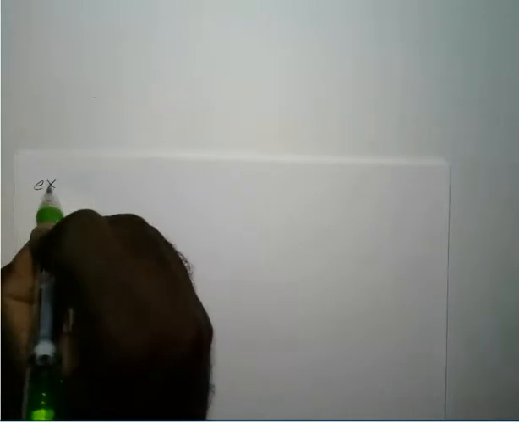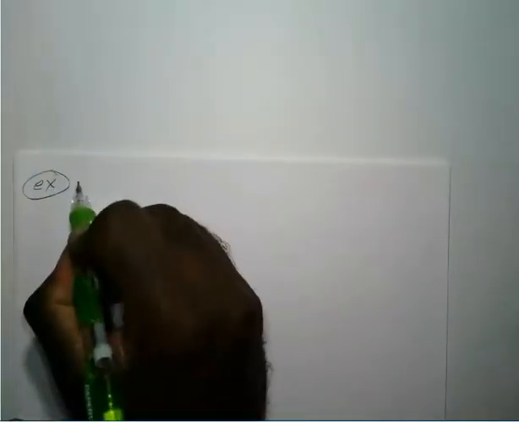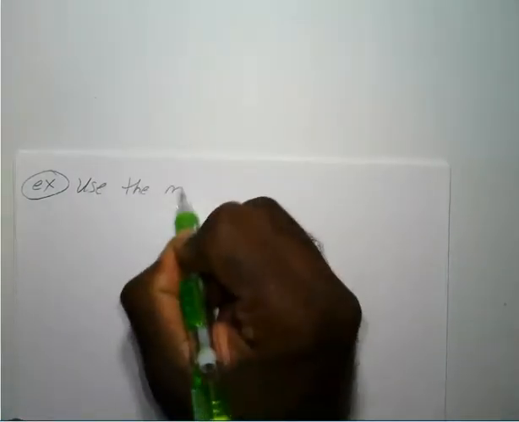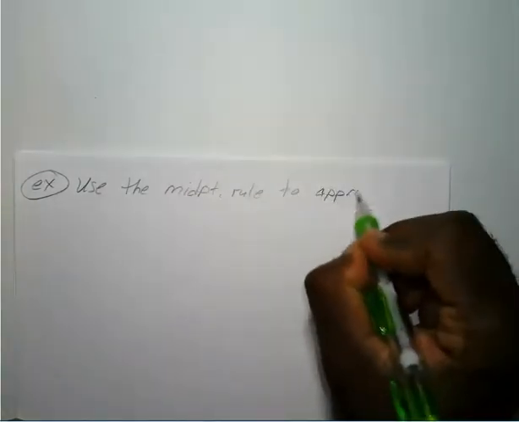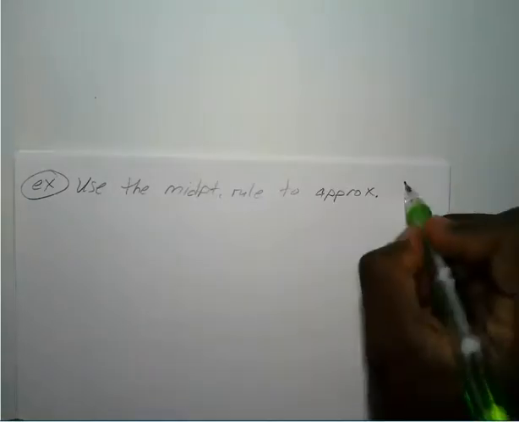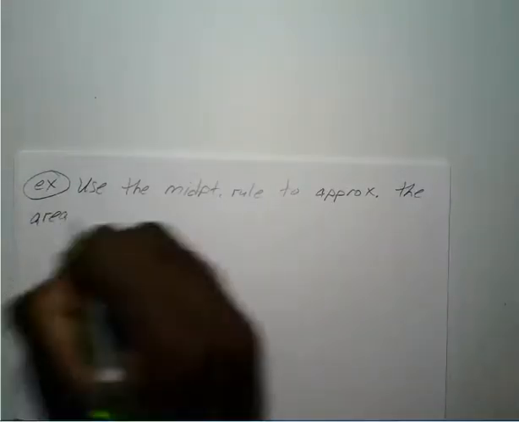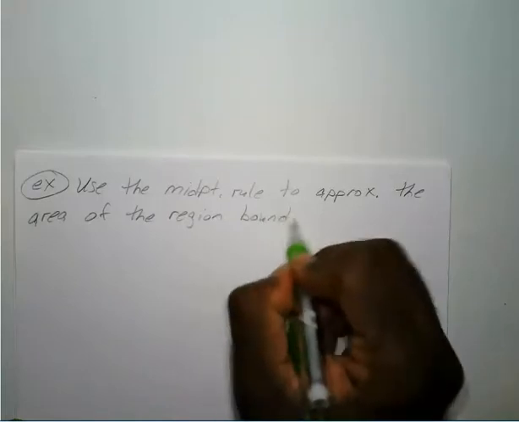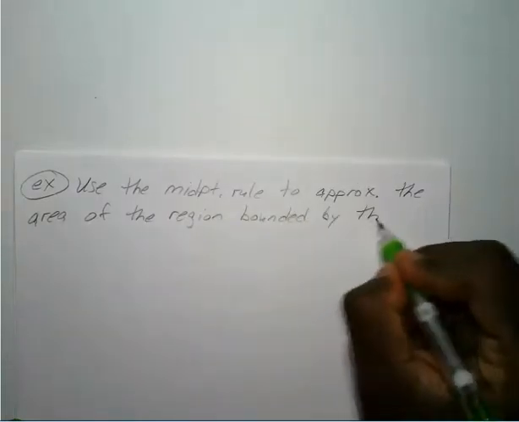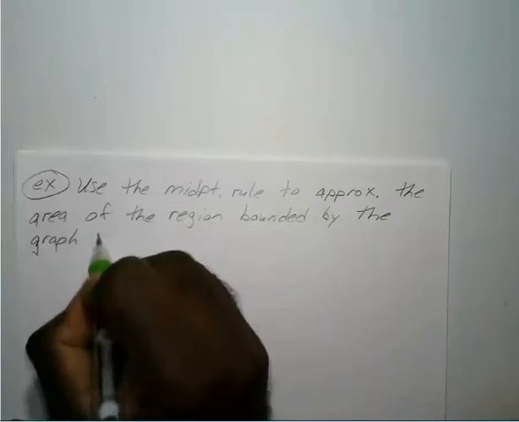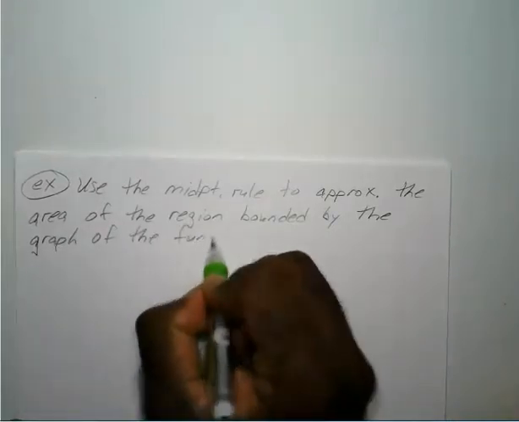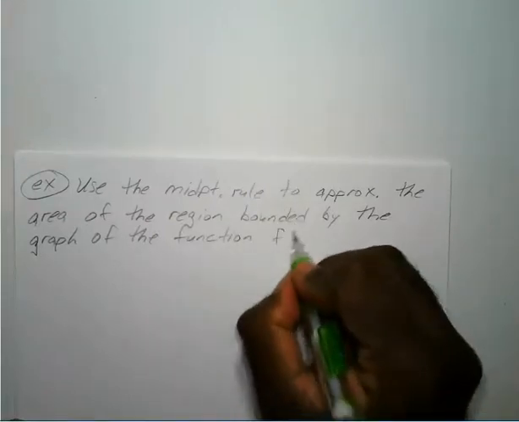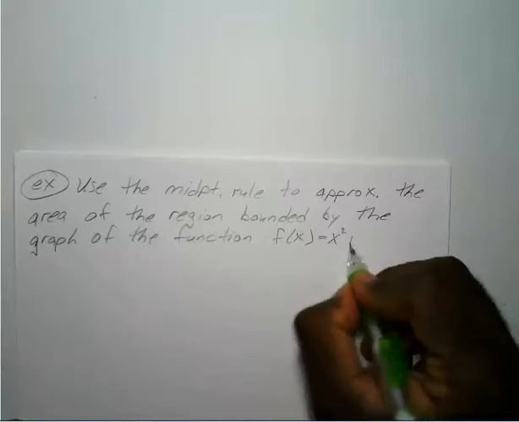All right. So let's say, for example, we want to use the midpoint rule to approximate the area of the region bounded by the graph of the function f of x is equal to x squared plus 3.